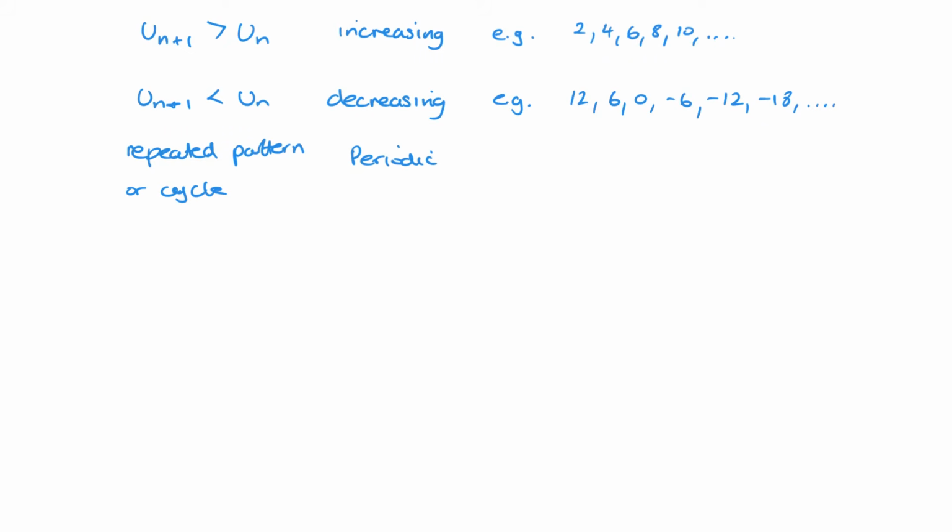An example of this could be minus 3, 2, minus 3, 2, minus 3, 2, and so on. This is periodic, and this also has what we call period 2, because it's two values that are repeating.